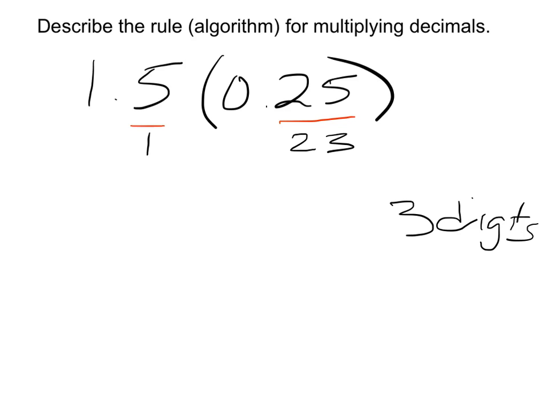Okay, so we've thought about that before we even started doing any work. So then what you do is you simply set up your problem without the decimals, ignore the decimals, and multiply. Whether you're using lattice or traditional multiplication, you're going to multiply, ignore the decimals, but we'll put them back in when we get our final answer.